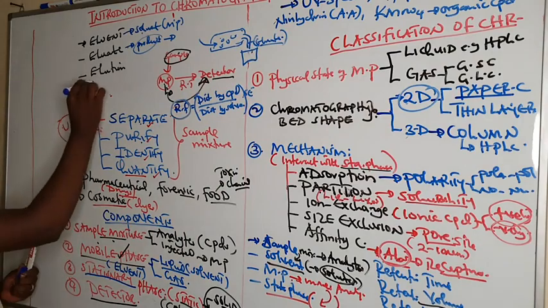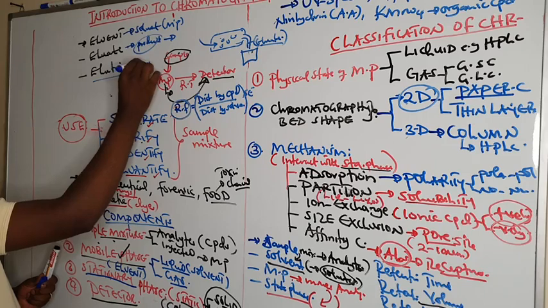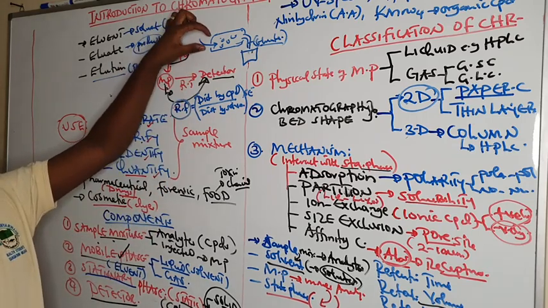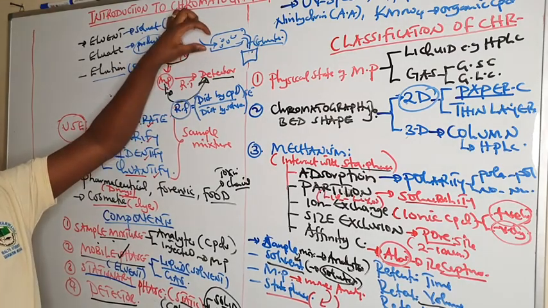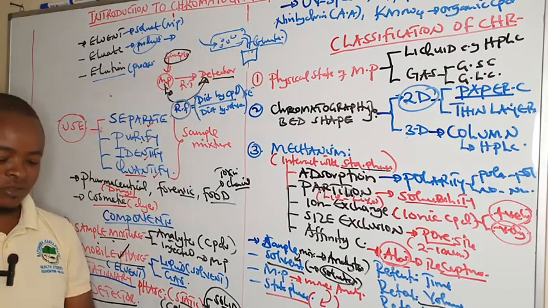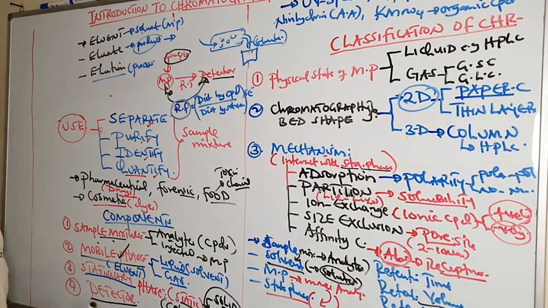Then elution is the process of passing the mobile phase containing the sample analytes into the stationary phase and being separated depending on their interaction. That is what we are calling elution.